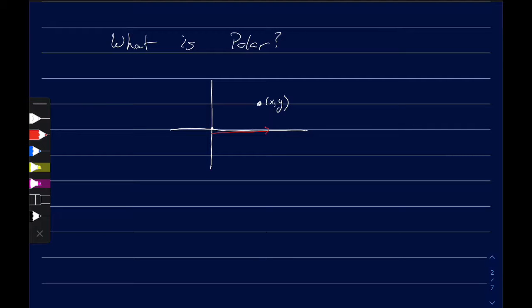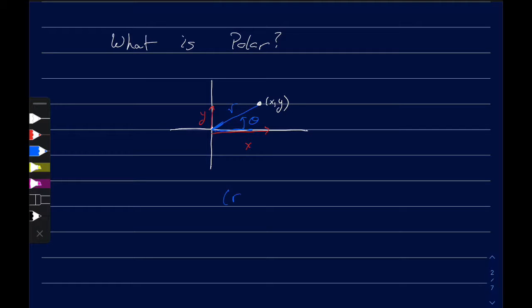Instead of thinking of it as we move over to the right x and we move up y, we can instead draw a line from the origin to that point (x, y). Now that has a certain length, and let's call that length r. And we also have an angle of inclination between the x-axis and that line that we drew from the origin to the point. Let's call that theta.